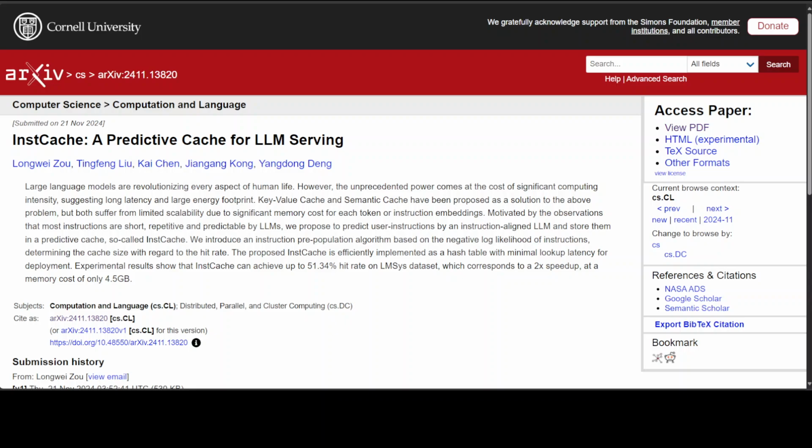To address this issue, researchers have proposed using caches, which is a small, fast memory that stores frequently used data, such as key value cache and semantic cache. These caches reuse previously computed results to reduce computational intensity, but they have limitations in terms of scalability due to high memory costs. That is where this new research comes into play, which is called InstCache.